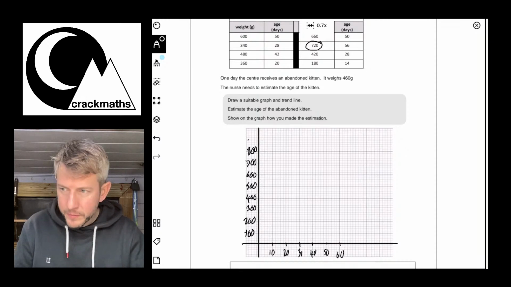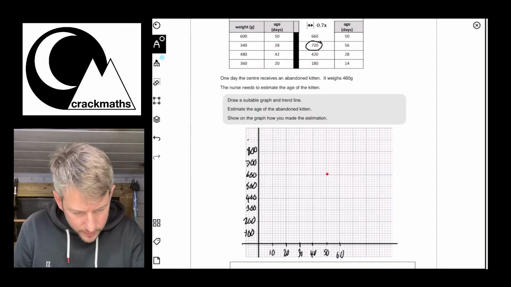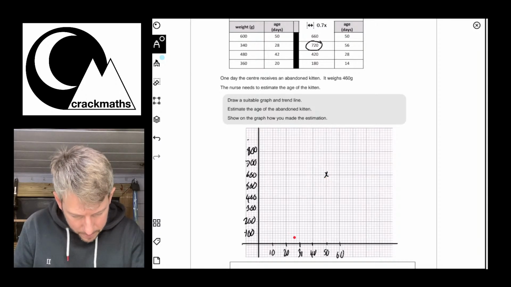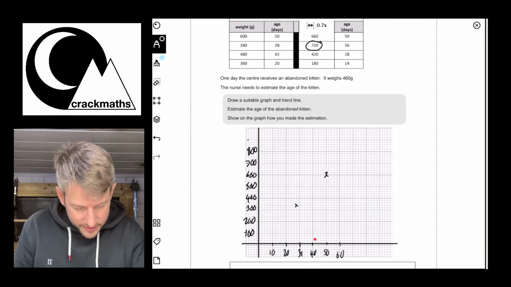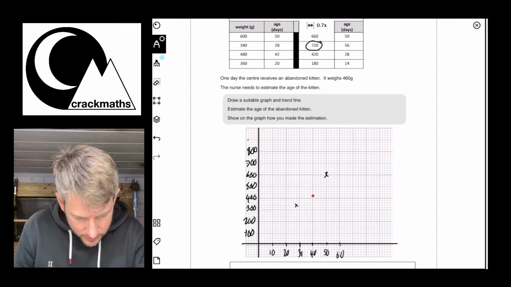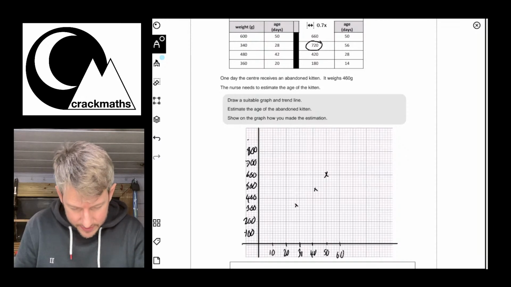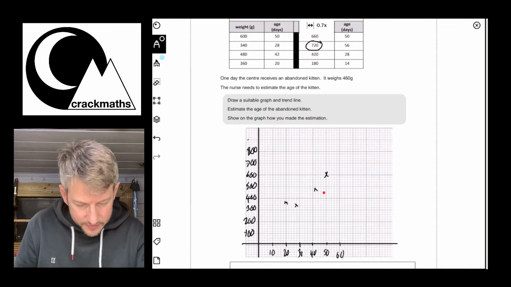We've got 50 and 600, so that would go here. 28 and 340. 28 is here, 340 is here. Oh my gosh. 42 and 480. This is an annoying task. 20 and 360. 50 and 660.